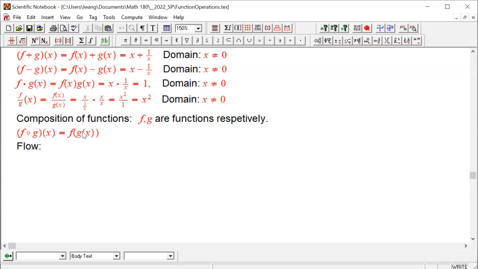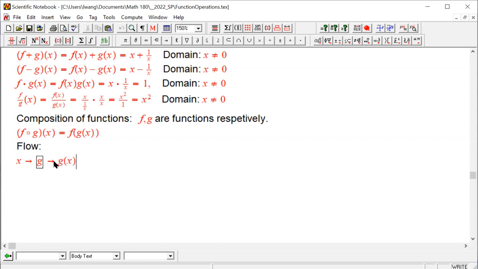The input is x. x is first given to the rule of g. It produces an output called g of x.